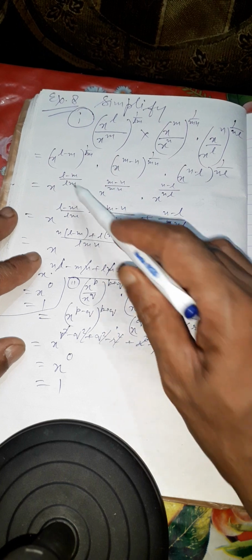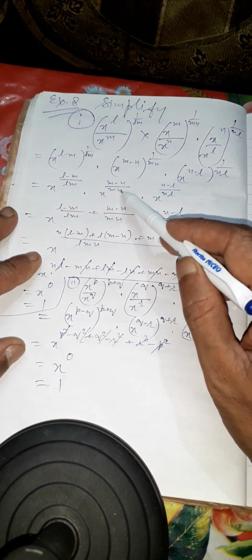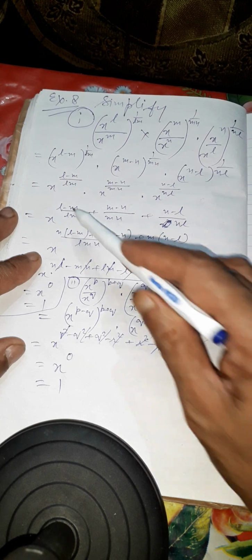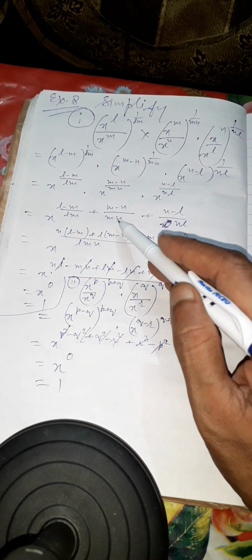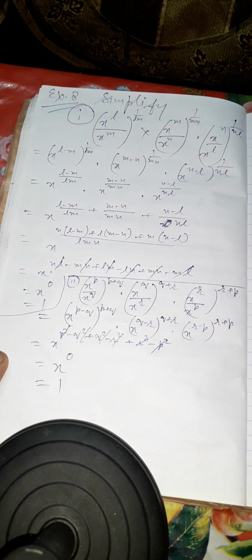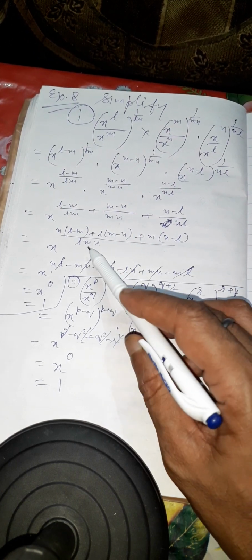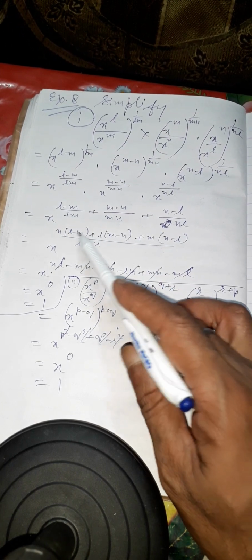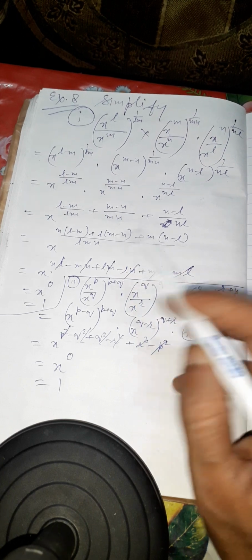When we write this, x^((l-m)/lm), x^((m-n)/mn), x^((n-l)/nl). Taking the LCM, which is lmn, we get n(l-m), l(m-n), m(n-l).